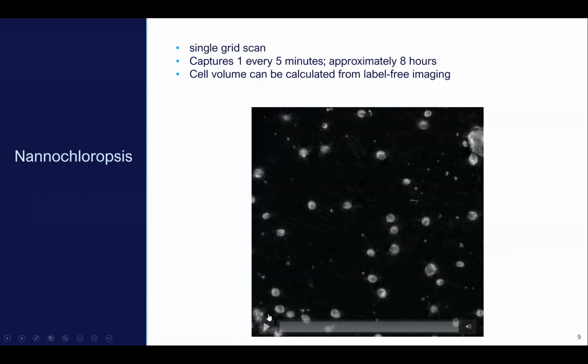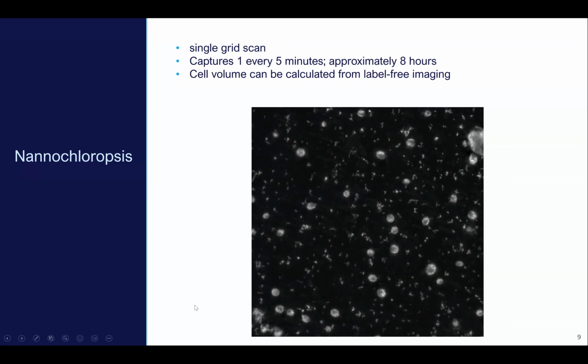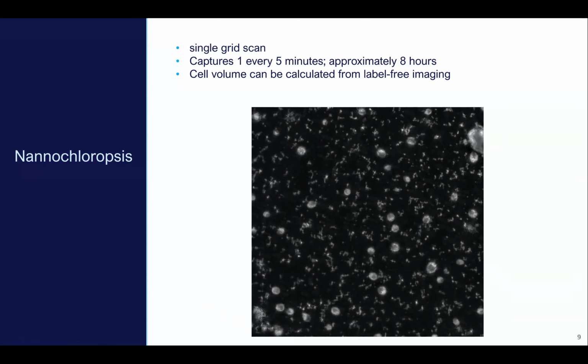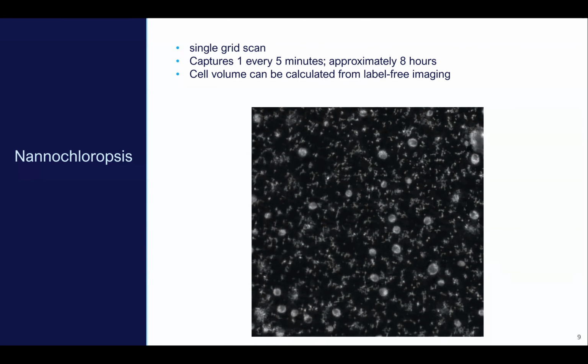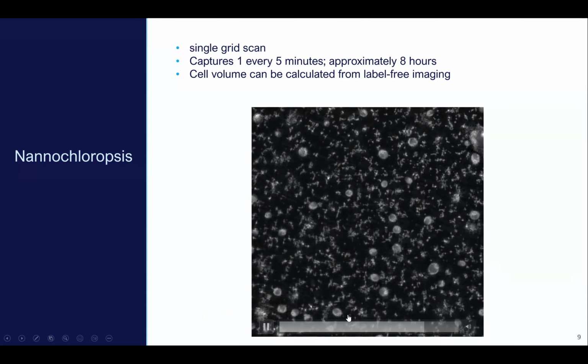This was just in a still dish, so you can see how Nanochloropsis settles and also how its bacterial flora changes over about 8 hours. We can look at a number of different cell features inside these cells, as well as look at how they change over time.